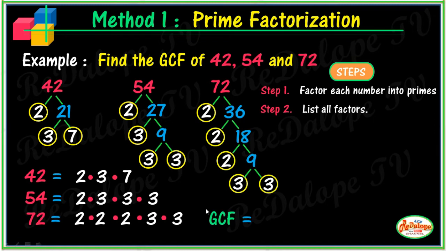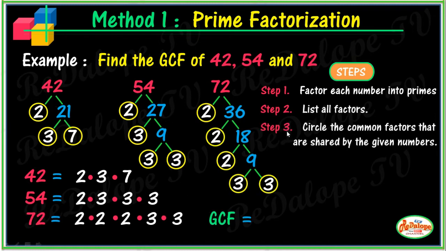And then after that, we will find the GCF. So how do we find the GCF? We will circle the common factors that are shared by the given numbers. So we have the first factor shared by the given three numbers. So we have these 2. So copy the 2 here.